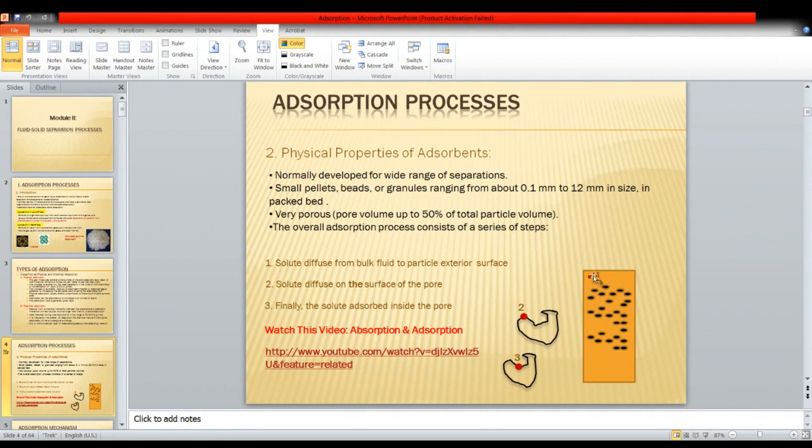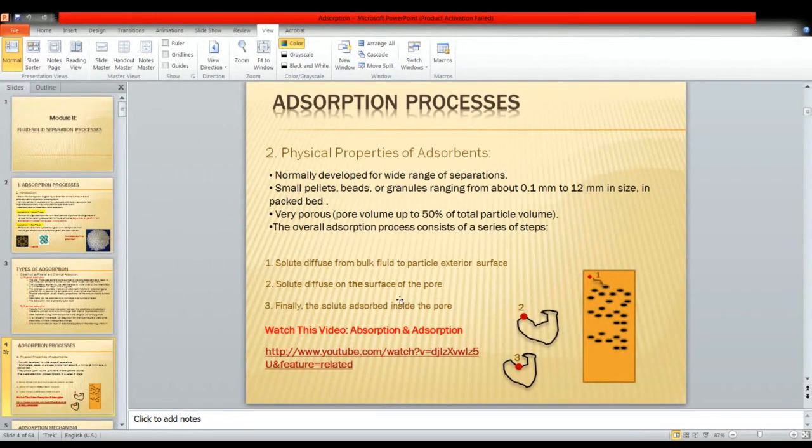Look at the picture. This red color is showing one phenol particle, and this black color is the adsorbent. Black particles are adsorbent. The red particle is adsorbate. So the adsorbate reaches the surface. This is the diffusion process.